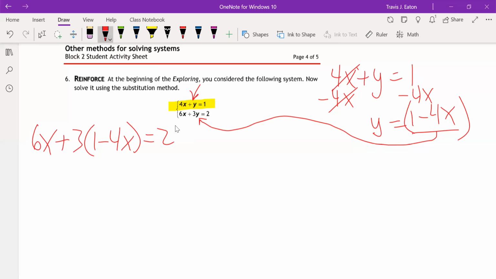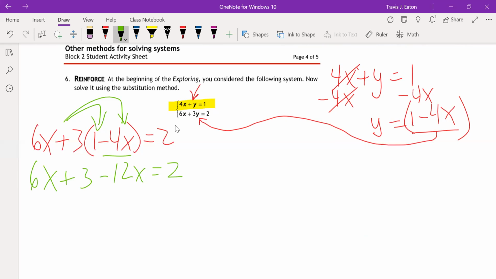And then we simplify this equation. First of all, take my 6x and bring it down, because I don't have to do anything with that, but I have to distribute my 3. 3 times 1 is 3. And then I have to distribute it to the negative 4x. Remember, that minus sign that's in front of that goes with that everywhere it goes. 3 times negative 4x is negative 12x equals 2.